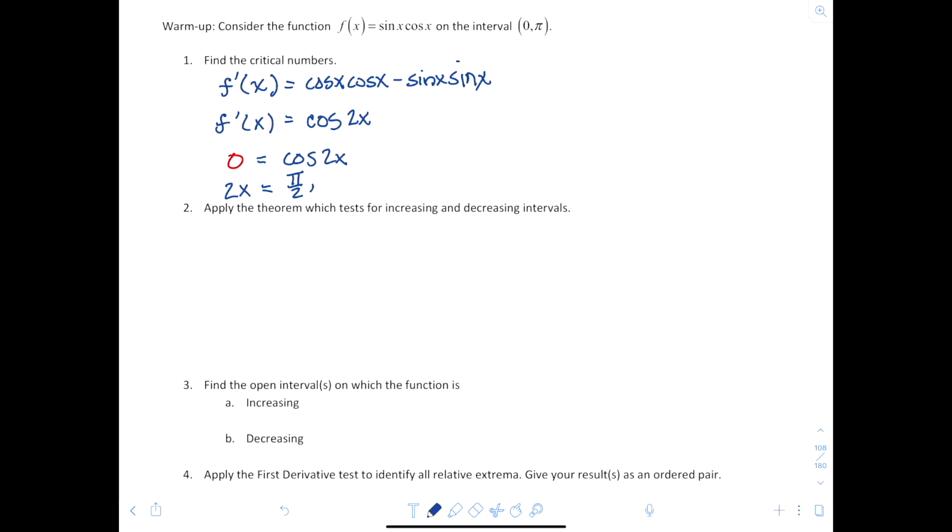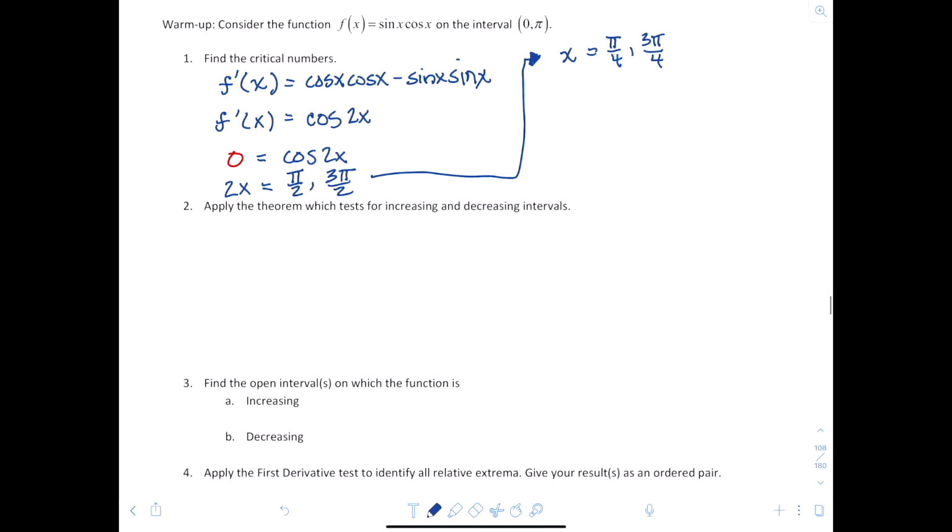So pi over 2 and 3 pi over 2, and that means that x would be equal to pi over 4 and 3 pi over 4. And so your critical numbers would be pi over 4, and then our second critical number would be 3 pi over 4. Cool? Okay, so that's the first part.